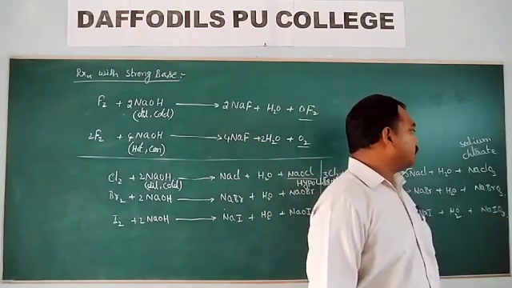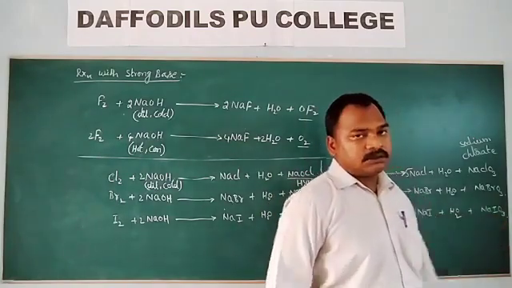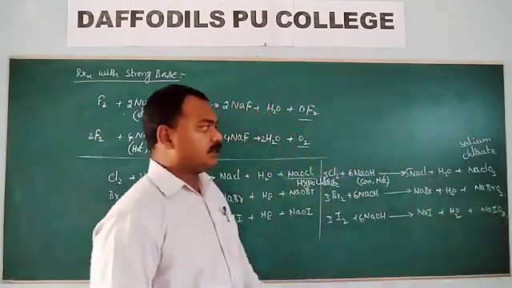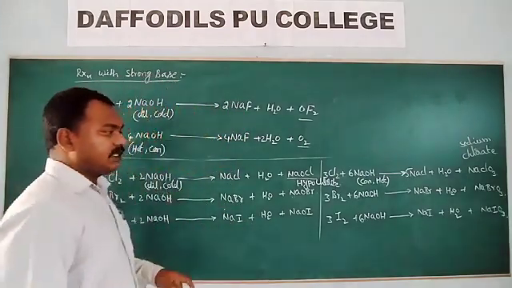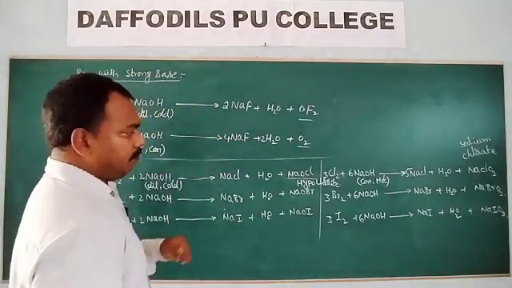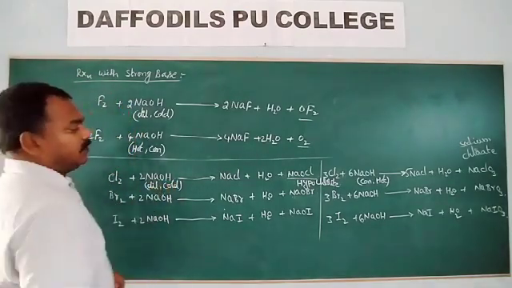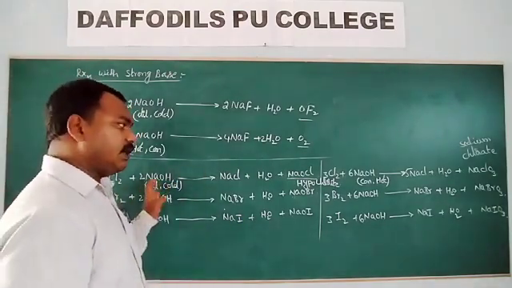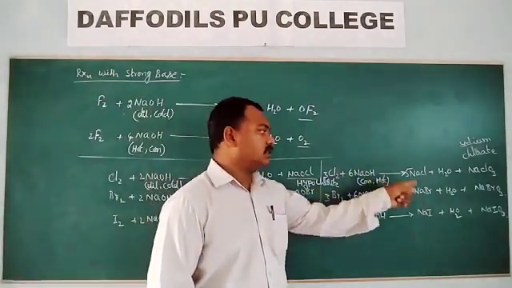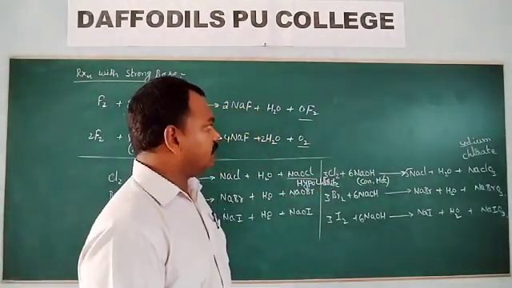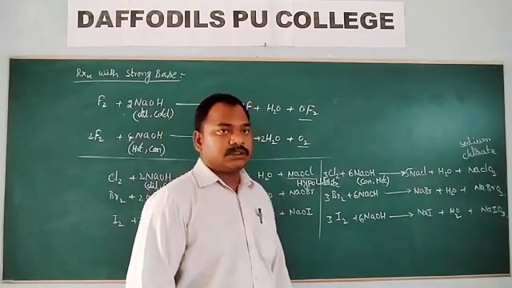If iodine is there, change its name, sodium iodate. Like that we will get the names of those compounds. So with dilute and cold sodium hydroxide, you will get one kind of compound. With hot and concentrated sodium hydroxide, you will get another kind of compound.